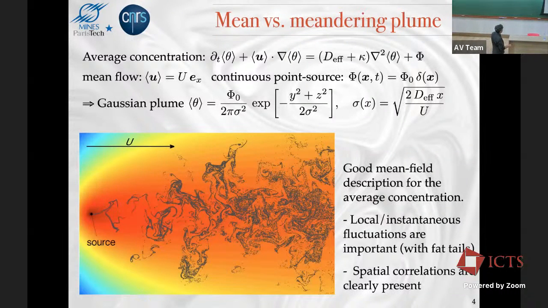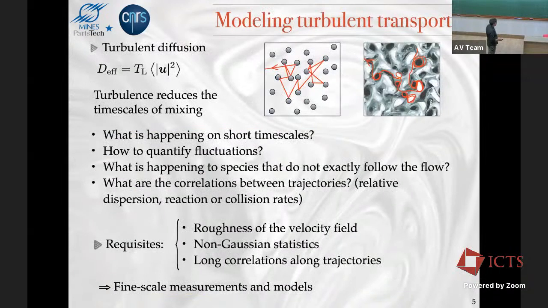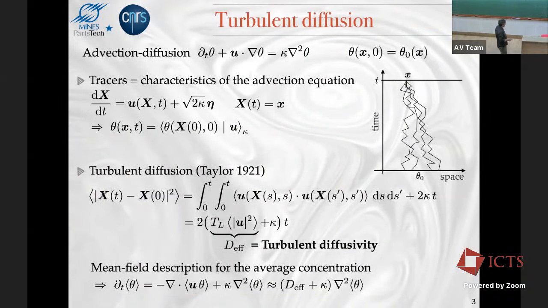So it's plus kappa here, but kappa is negligible. So yes, indeed, here it would be the full diffusivity. I don't know, it depends what you call it. It could be that you call this the turbulent diffusivity, and then you call the effective diffusivity the sum of turbulent and kappa. So maybe this is my mistake.